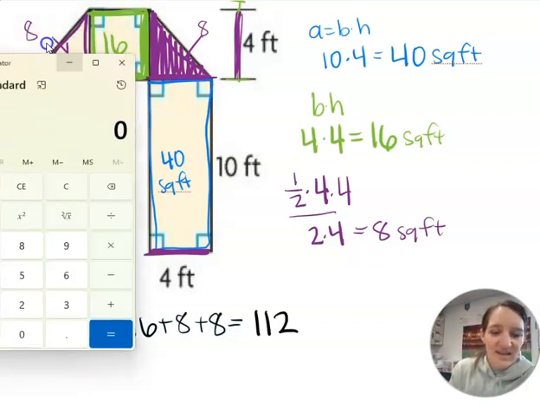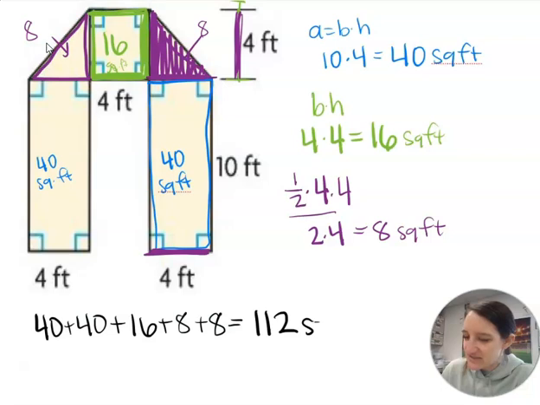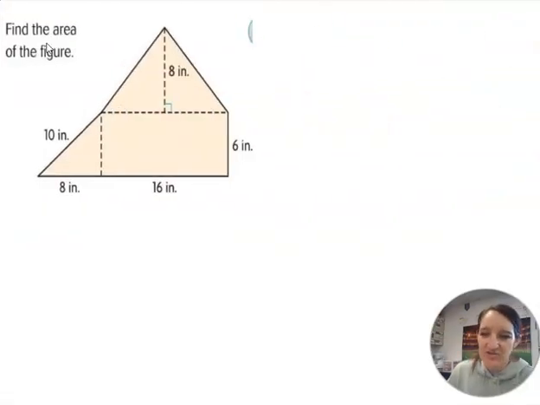And because it's still area, we're going to label it square feet. Okay? So the goal today is to take these compound figures and simplify them into the shapes that you do see and then add it all up. That's the one strategy. I'll teach you a different strategy after we try this one together.